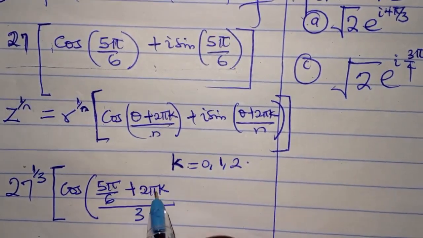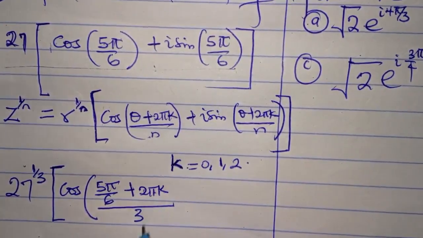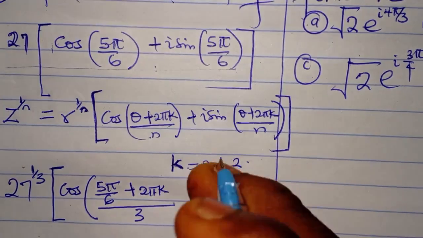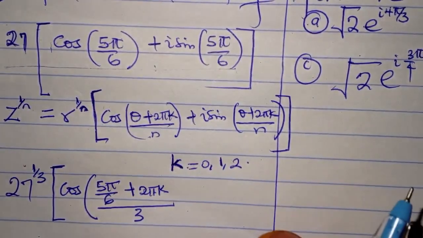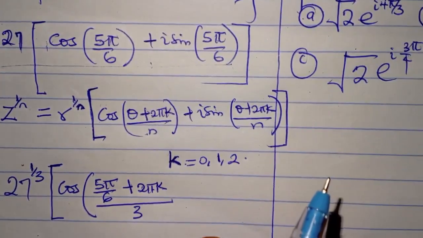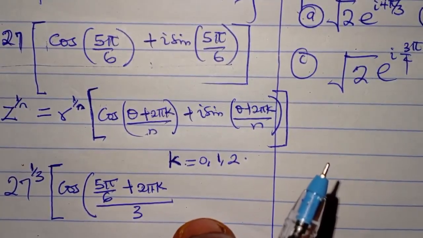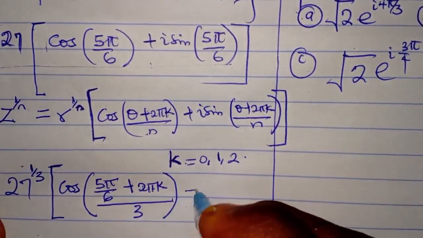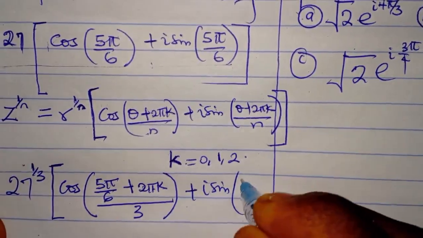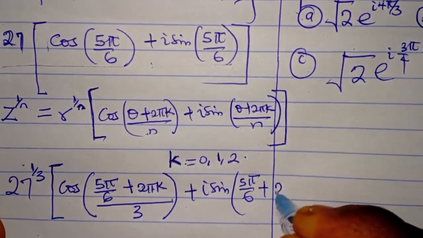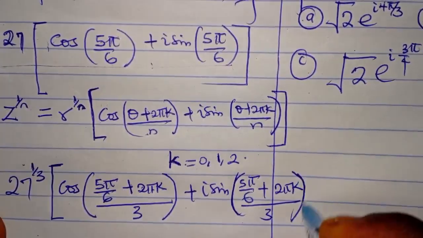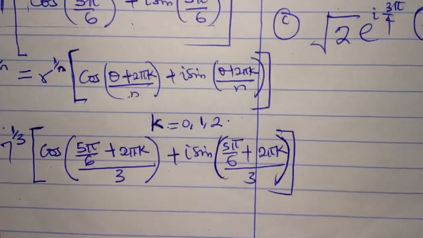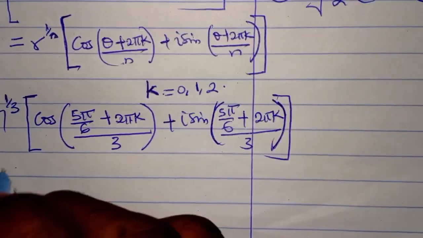You know 2 pi is 360 degrees. 2 pi is in radians, 360 degrees is in degrees. So if you are leaving the answer in radians, we leave it like this. But if the options are in degrees, we convert 2 pi to 360 degrees. In this particular case, the options are in radians. That's why I'm leaving it like this. Plus I sine 5 pi over 6 plus 2 pi k all over 3. You get it? The cube root of 27 is 3.